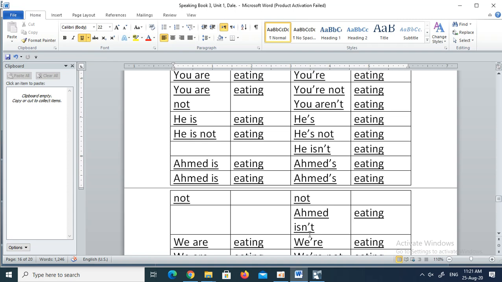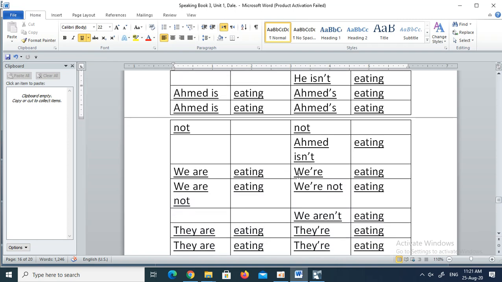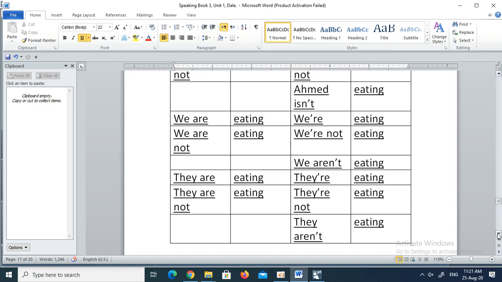Or it becomes Ahmed isn't eating. If I say we are eating, it becomes we're eating. If I say we are not eating, it can either become we're not eating or we aren't eating. If I say they are eating, it goes to they're eating. But if it is they are not eating, it goes to they're not eating or they aren't eating.